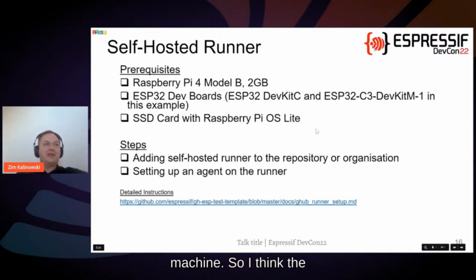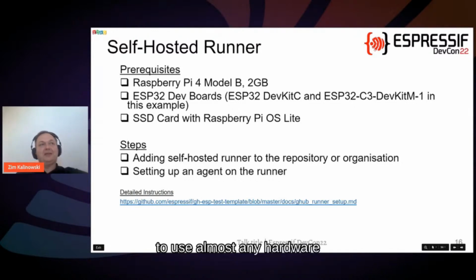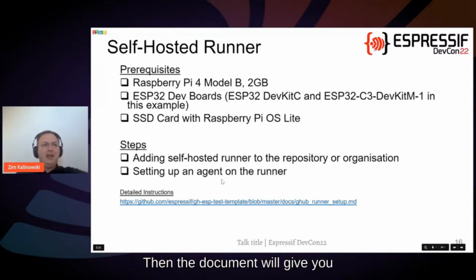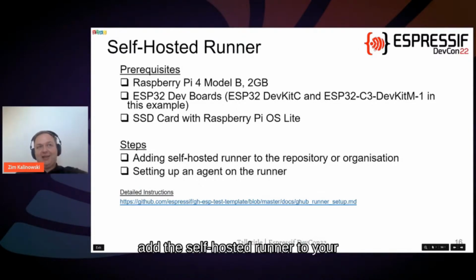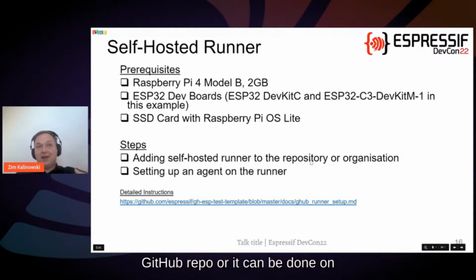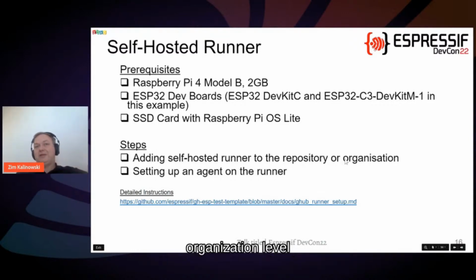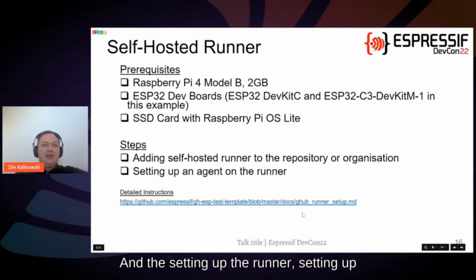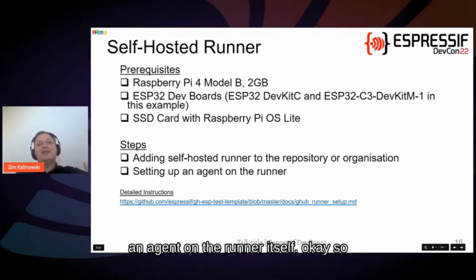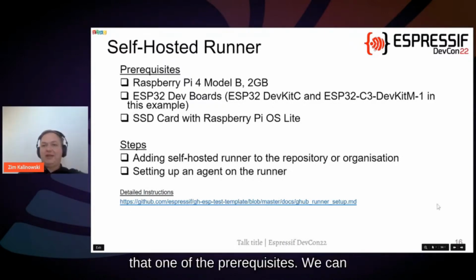So I think the instructions can be modified to use almost any hardware. Then the document will give you steps to add the self-hosted runner to your GitHub repo, or it can be done on organization level, and to set up the agent on the runner itself. Okay, so that's one of the prerequisites.